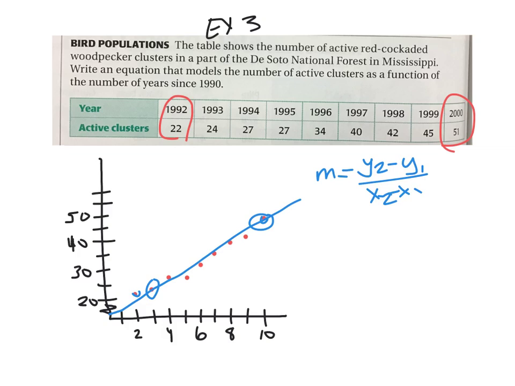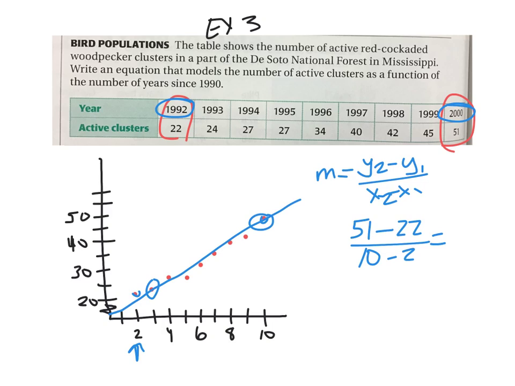So we need to do Y first. I would say 51 minus 22 on top for my Y's. And then the X, now this is in years, but remember we put them as tens. So I would do 10 minus 2 on the bottom, because the 2 stands for 1992, which is just 2 on our scale.